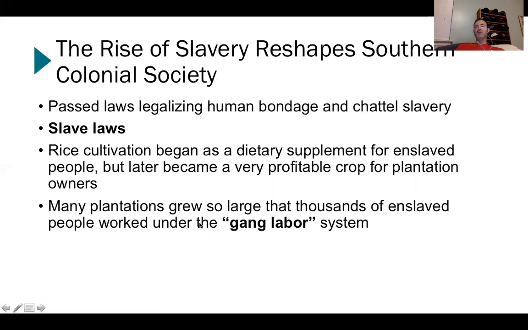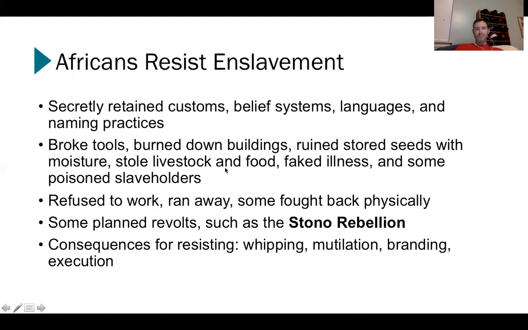Okay, and then as you can see, these plantations are going to grow in scope and size. And so we'll look at these rebellions a little bit more. Probably the most well-known rebellion to keep in your mind will be the Stono Rebellion, which really goes back to the resistance and things like that. A lot of these people, if we were basically to move somewhere else, we would want to keep a degree of our own culture, most likely.